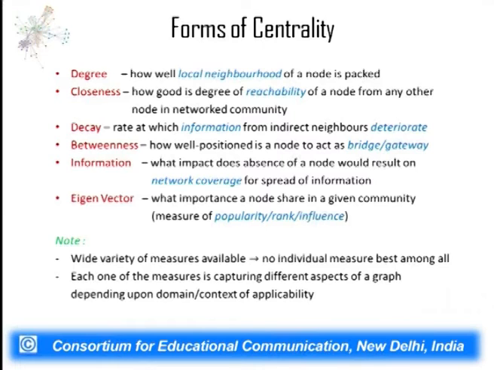Then of course we have decay. Decay is a very important parameter again. It is the rate at which information from indirect neighbors deteriorates. It means that as we go from the direct communicating neighbors to the indirect ones, by crossing 2 links or maybe 3 links, they are going farther off from my central position.